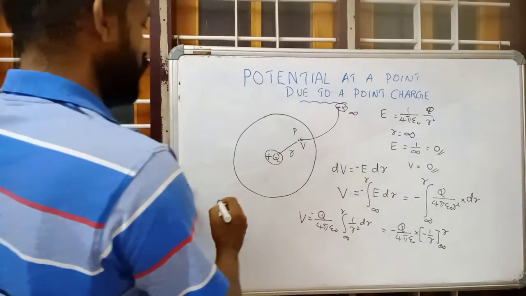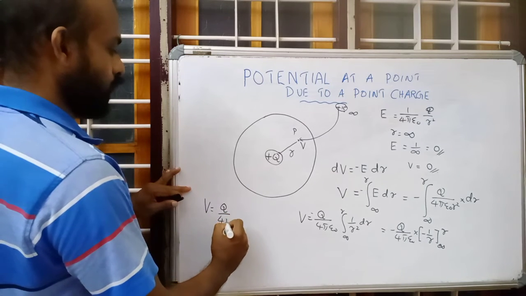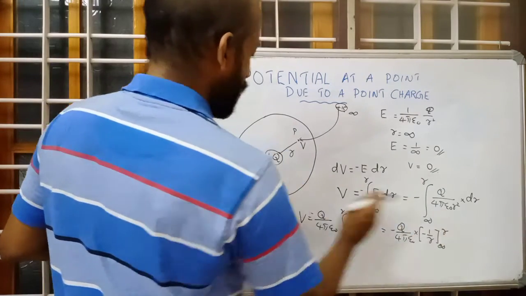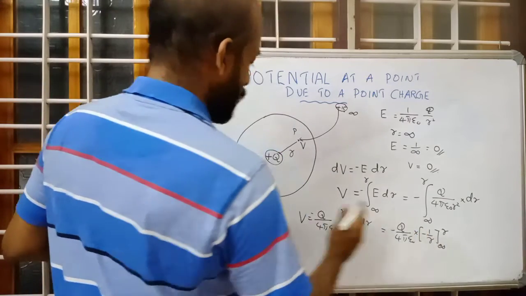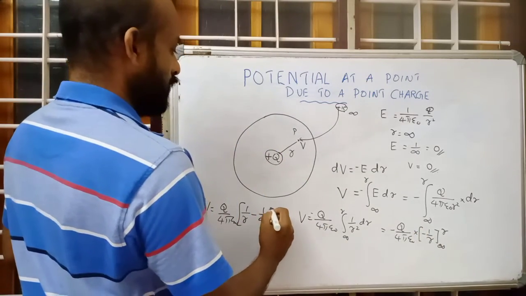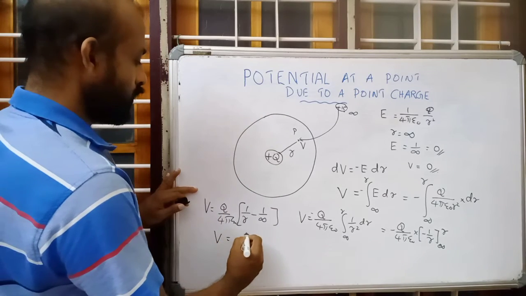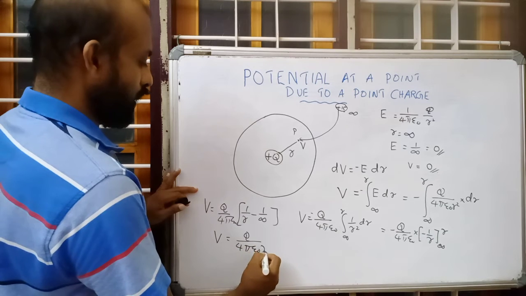So you will get potential V equal to Q by 4 pi epsilon 0 into 1 by r minus 1 by infinity. But we know that 1 by infinity is equal to 0. So what is left here is V equal to Q by 4 pi epsilon 0 r.